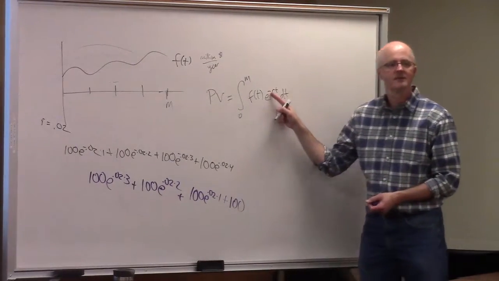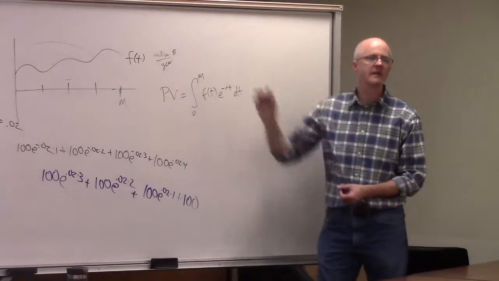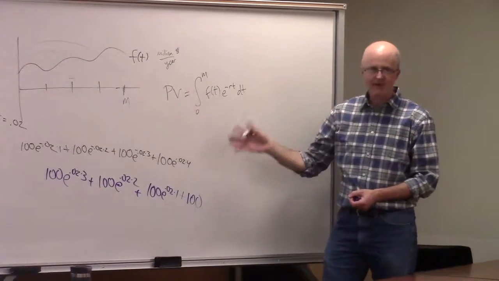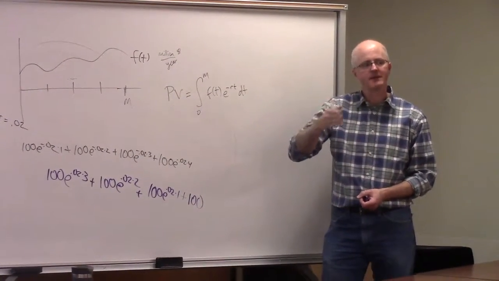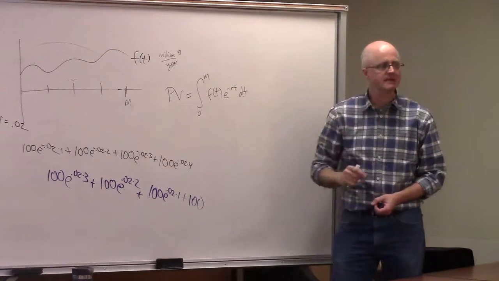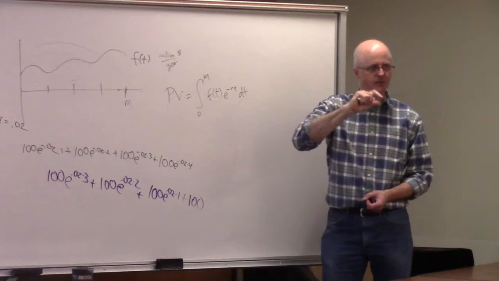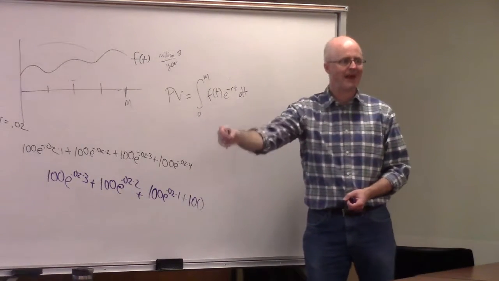Notice the negative sign there. We're pulling these back to the present, so to speak. You do have to derive this by imagining chopping up the time interval into little tiny pieces with delta t, and asking how much money do you get during that little time interval and pulling that back in time to the present.